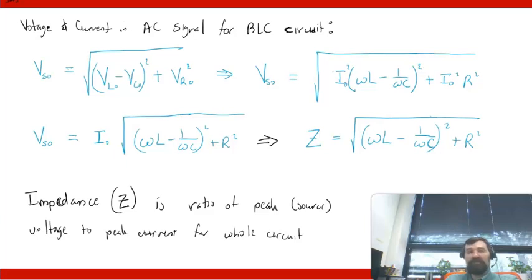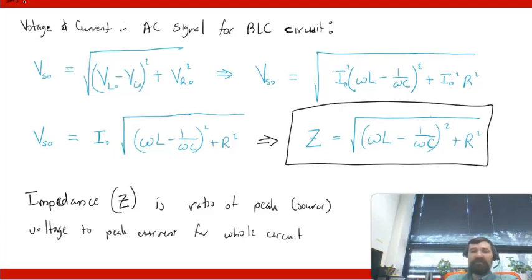So the impedance is real. It's going to give you that ratio of V naught source over I naught. So in some sense, we could say down here that Z is defined as V source 0 over I 0. But this right here is the actual equation for determining the impedance for our system.